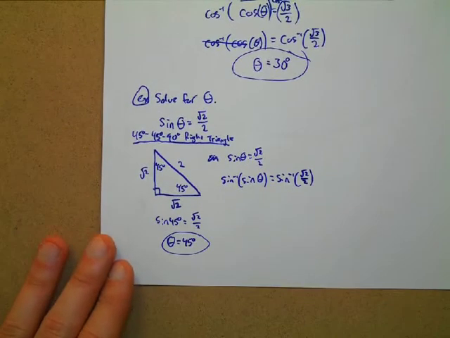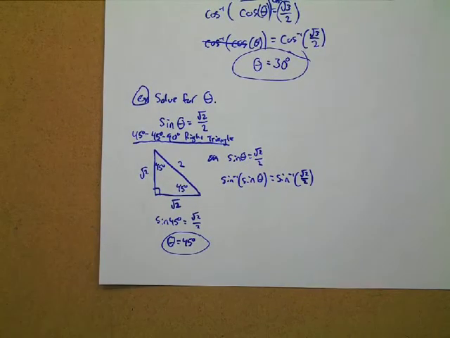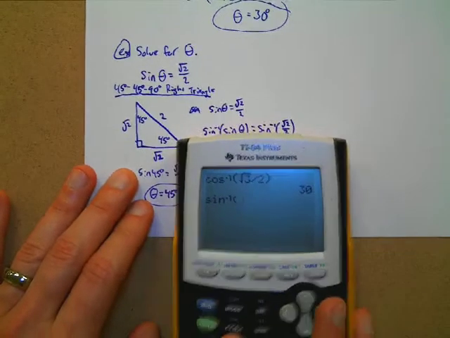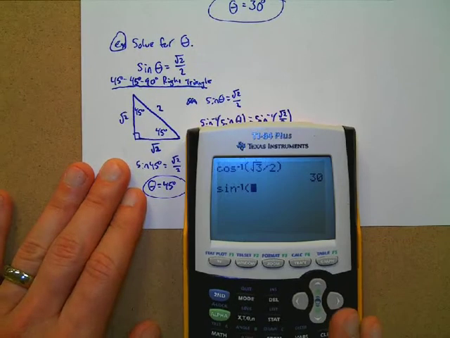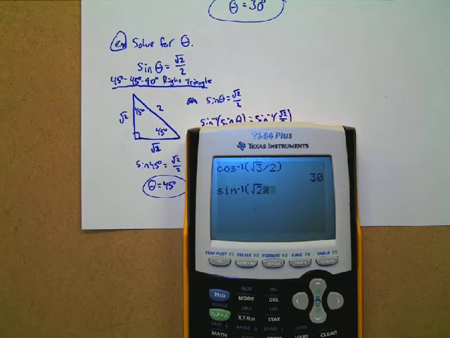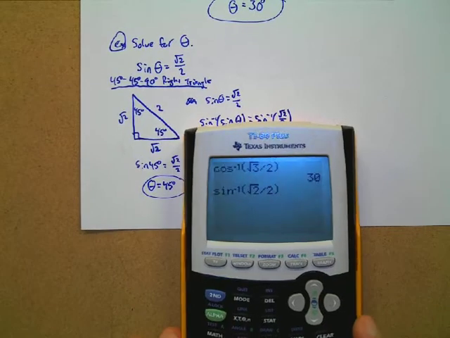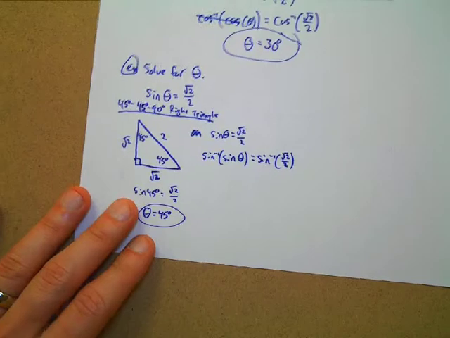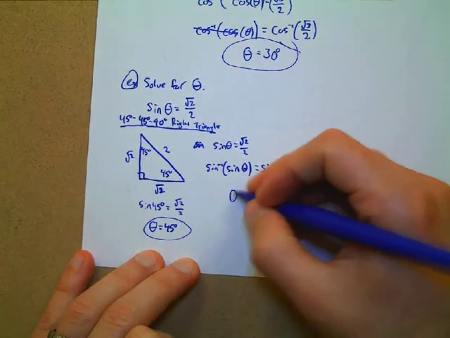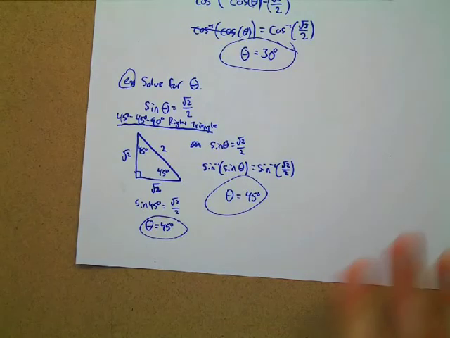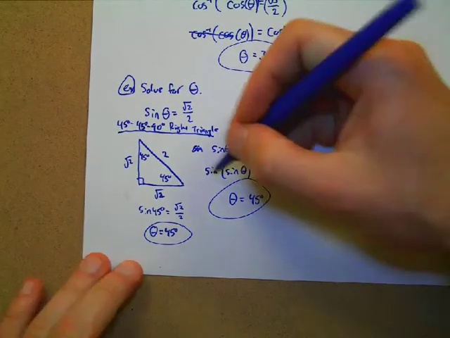We can just type into our calculators: second sine this time, of root 2 over 2. Again, make sure that the over 2 is not inside the square root. And you get 45 degrees. That sine inverse and the sine cancel out, and you're left with just theta.